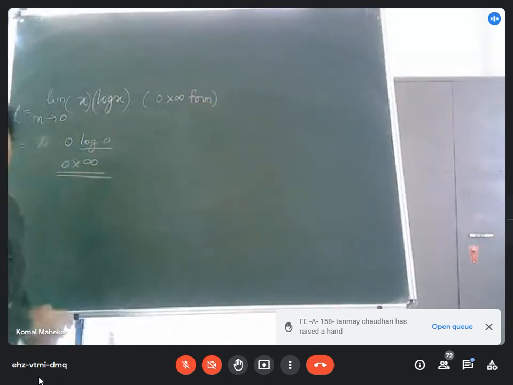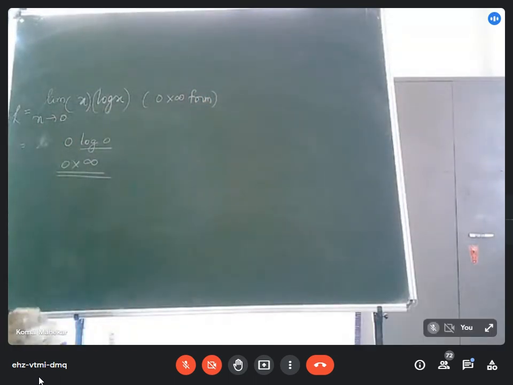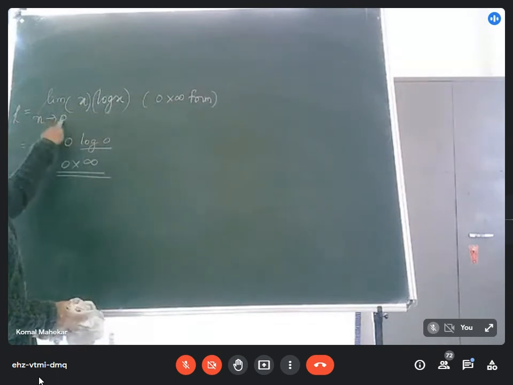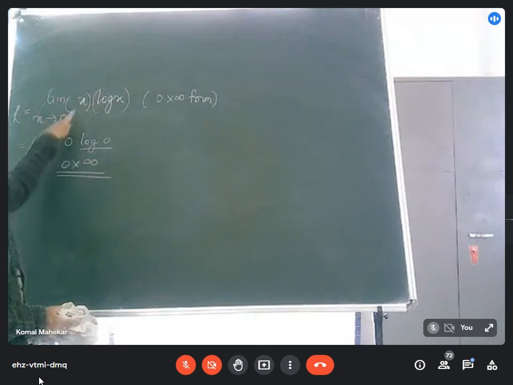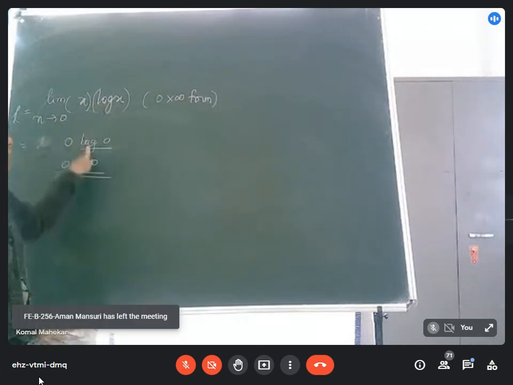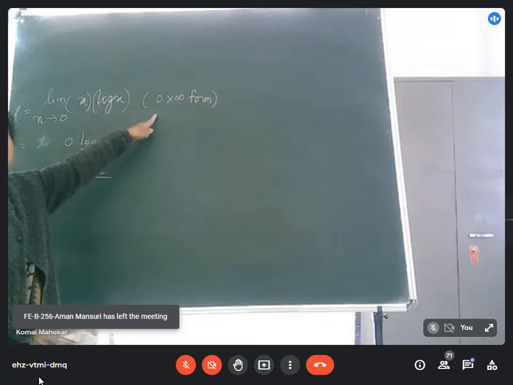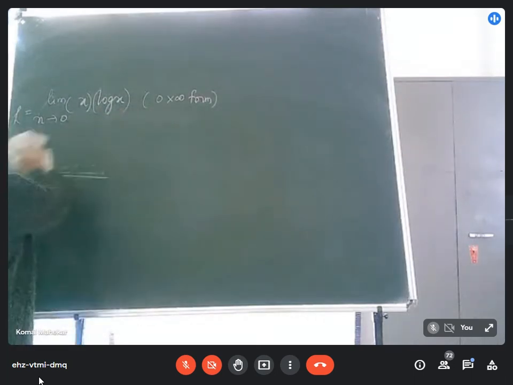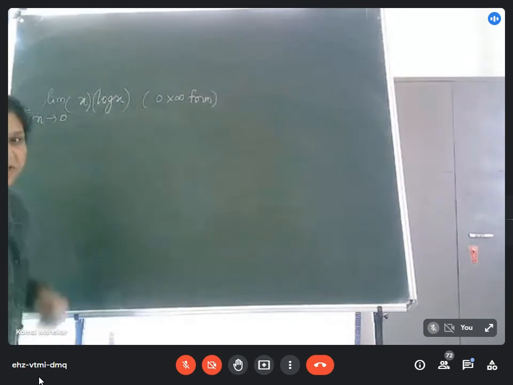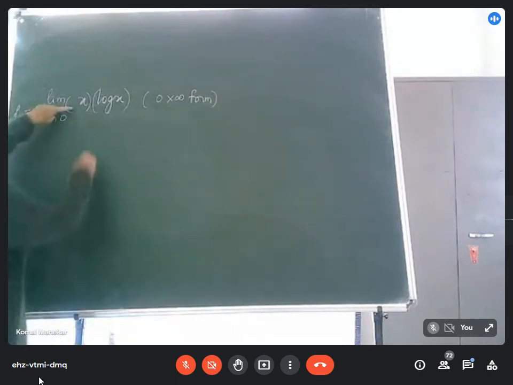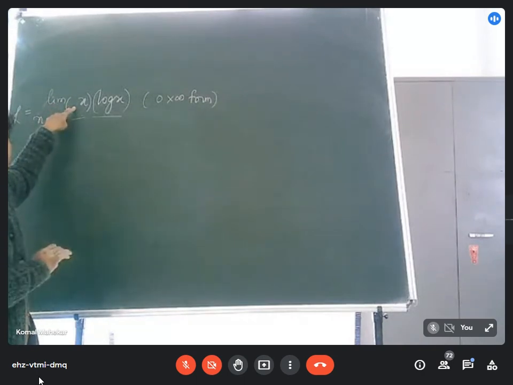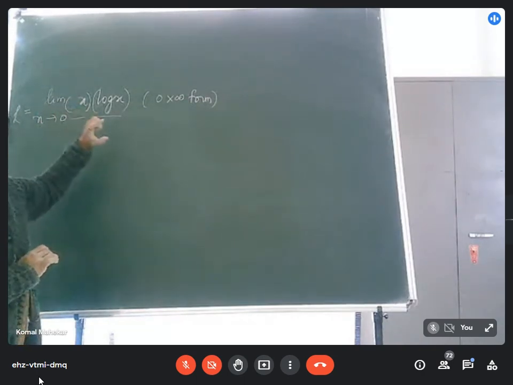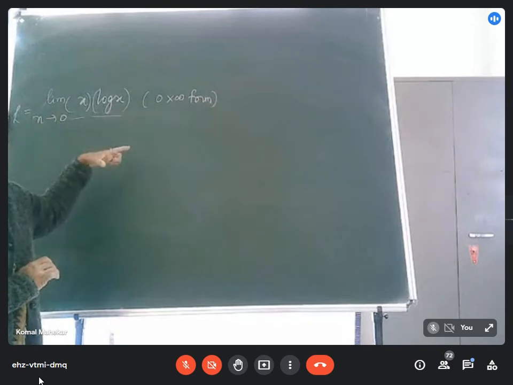Here we will apply the limit and check the form. If you apply the limit in the two functions, x is 0, and log of 0 is infinity. So now the given problem is in 0 into infinity form. Here we will not directly apply L'Hospital rule. By writing the function f(x) into g(x) as f(x) upon 1 by g(x) or g(x) upon 1 by f(x), it will get converted into 0 by 0 or infinity by infinity form.